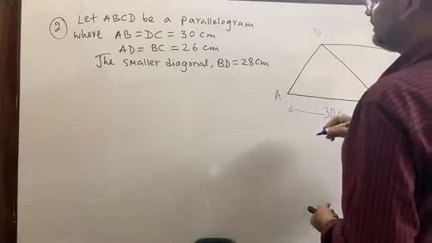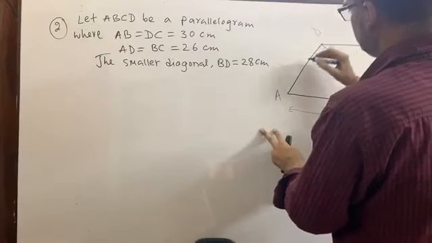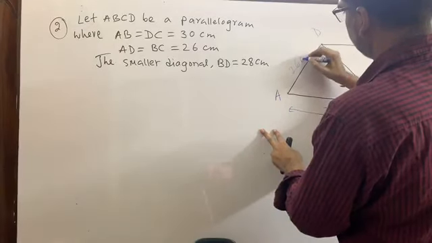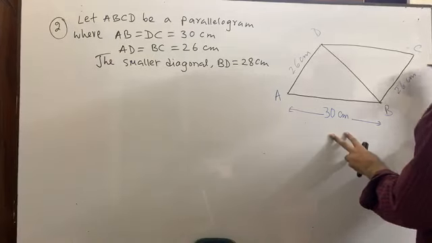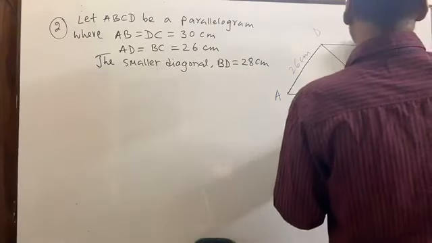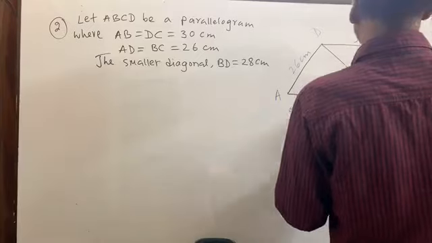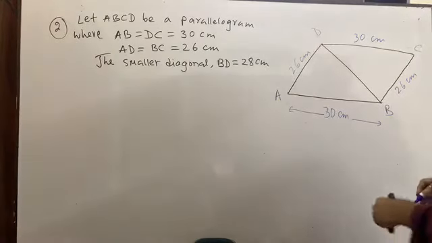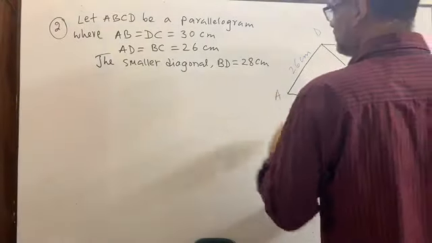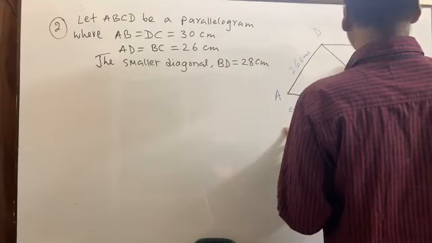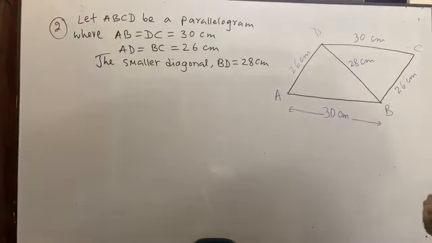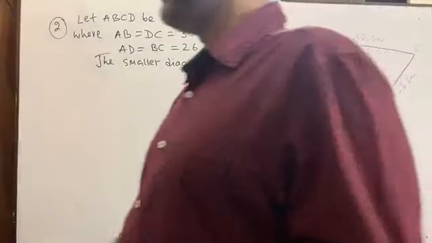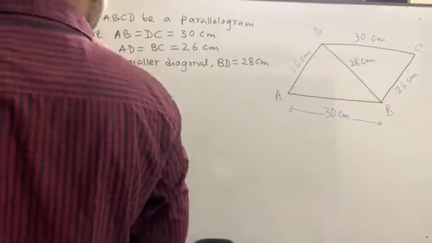And here it is 26 centimeter. Here it is 30 centimeter. And here the smaller diagonal BD, it is 28 centimeter. You understand? I have mentioned what is given, and I have also written.